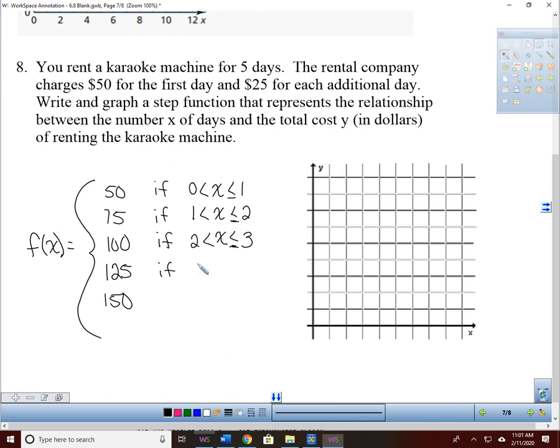This would be day 4. And this would be day 5. So this will be our number of days. And this over here will be the total cost.